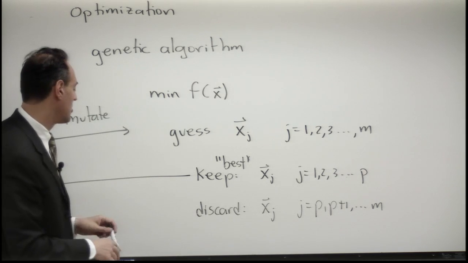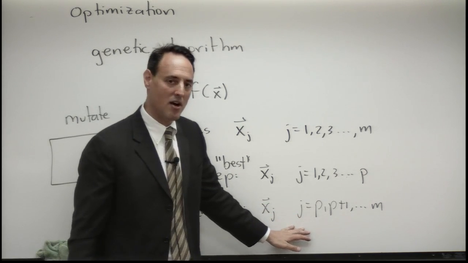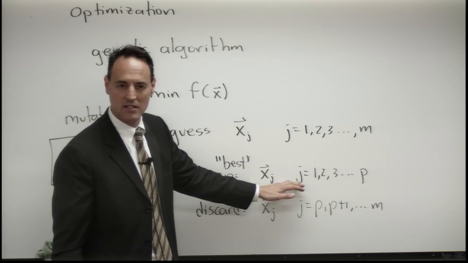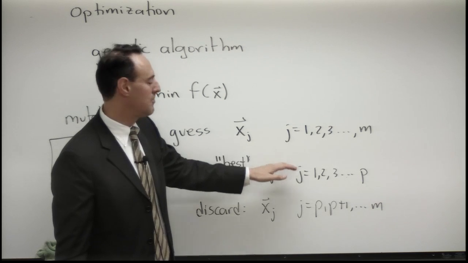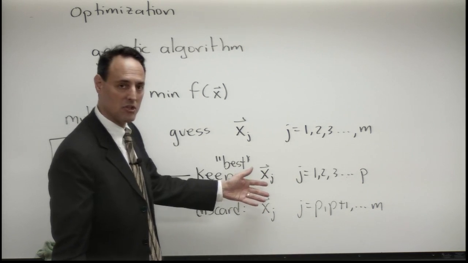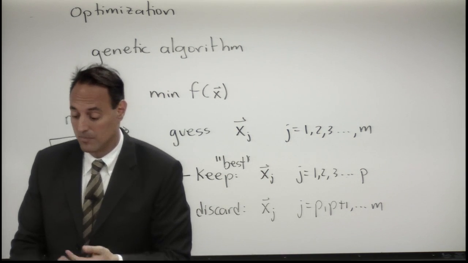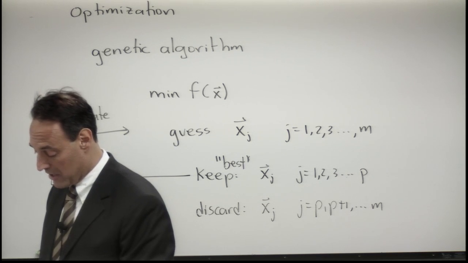That's the way the genetic algorithm works. I take this thing, I prune off the weak, keep the strong, I mutate, next generation goes through, I keep the strong, I prune the weak, I mutate the strong, next generation through. That's the idea of the genetic algorithm. Survival of the fittest, as it were, after many, many trials.